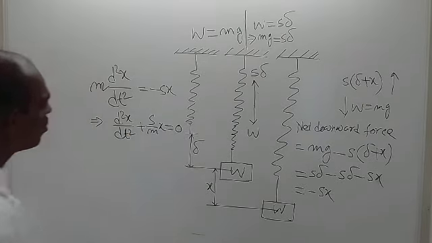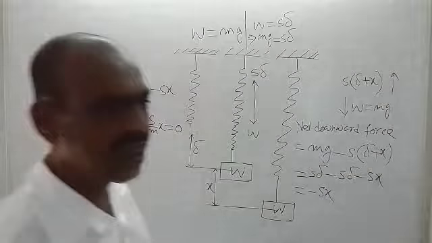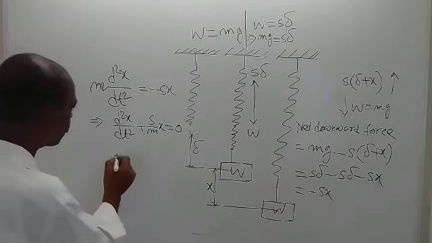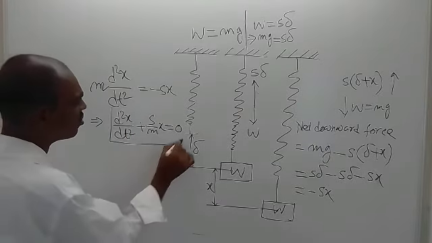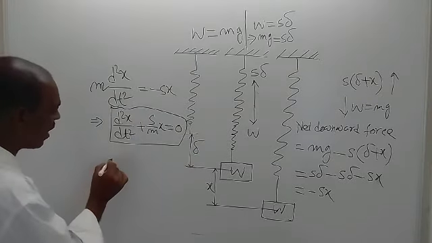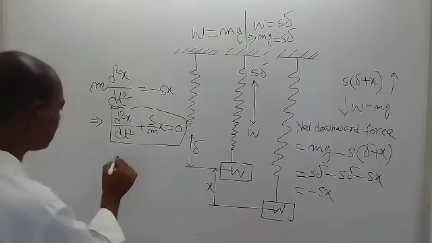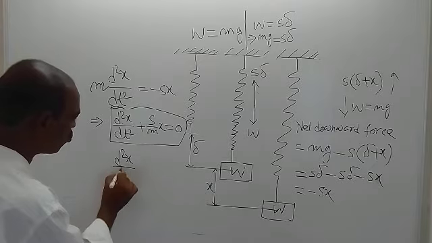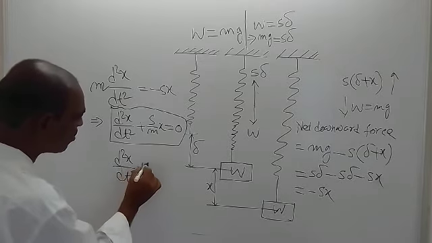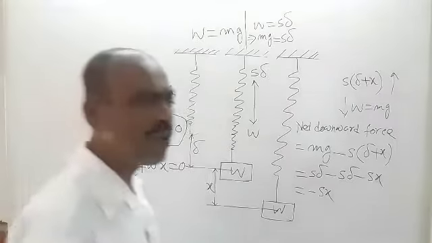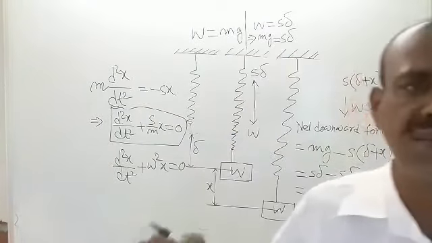is equal to 0. And you can see that there is a similarity between these two equations. This is the equation for our case, and the standard equation for simple harmonic motion is d2x dt2 plus omega square X is equal to 0, where omega is the natural circular frequency.